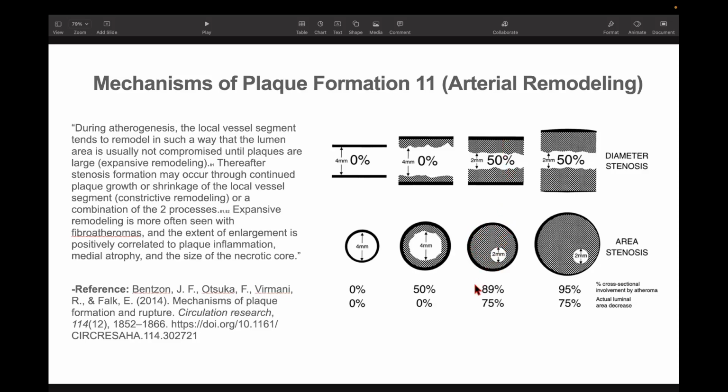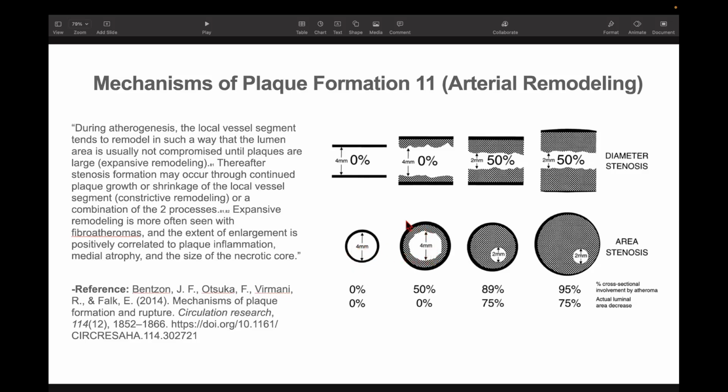So what we're seeing here is that at 0 to 50% of vessel atheroma formation, so they're saying percent cross section, the vessel can still maintain a lumen of about 4 millimeters, the same as if the vessel didn't have any formation of the atheroma or the plaque.